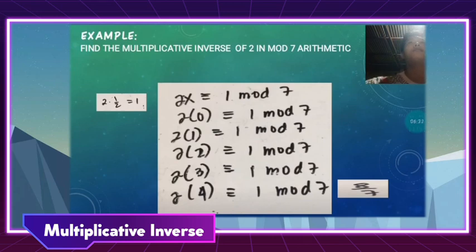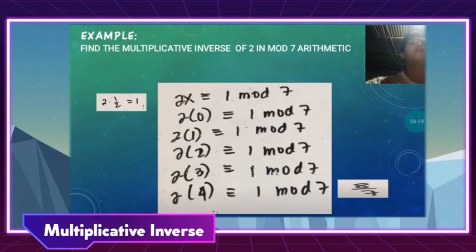For example, we need to find the multiplicative inverse of 2 in modulus 7 arithmetic. Meaning, what we will look for is the inverse of 2, the number multiplied by 2 that is congruent to 1 modulo 7.